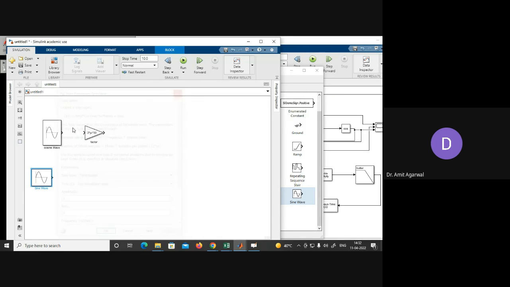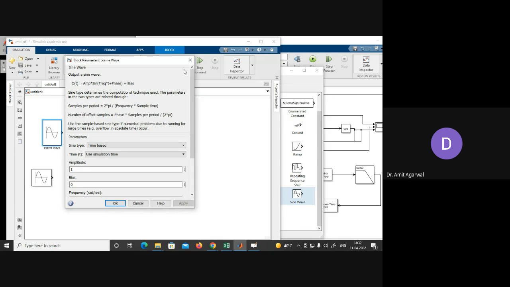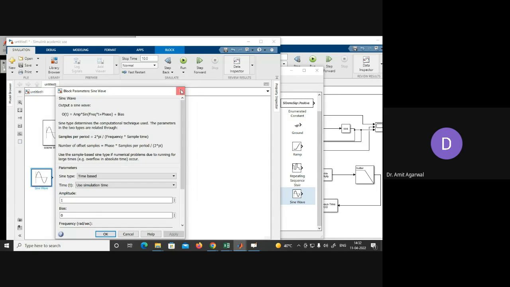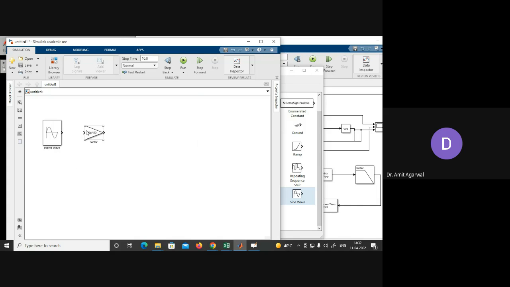I think it's okay. This signal is the same, right? So we have 2 pi kf mt.